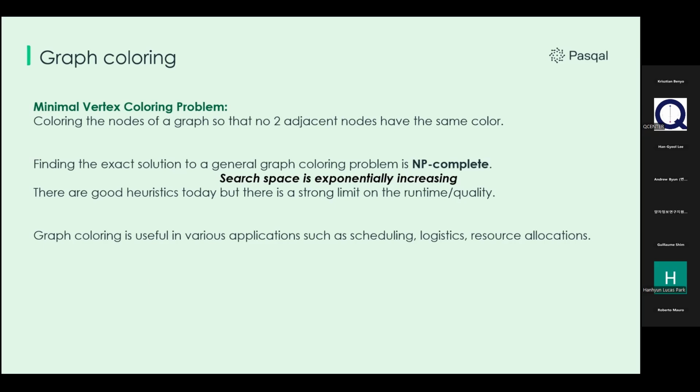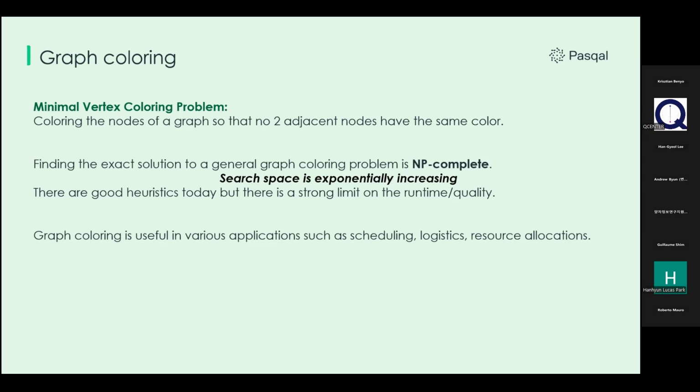As a reminder, in the minimal vertex coloring problem, we are tasked with associating colors, labels, to the different nodes, such that two adjacent nodes, so two nodes that have an edge in between them, do not have the same label, the same color. And it's a minimal vertex coloring problem because we want to use the least amount of colors, the least amount of labels possible. Because a trivial solution to the vertex coloring problem would be to allocate a different color for each of the nodes.